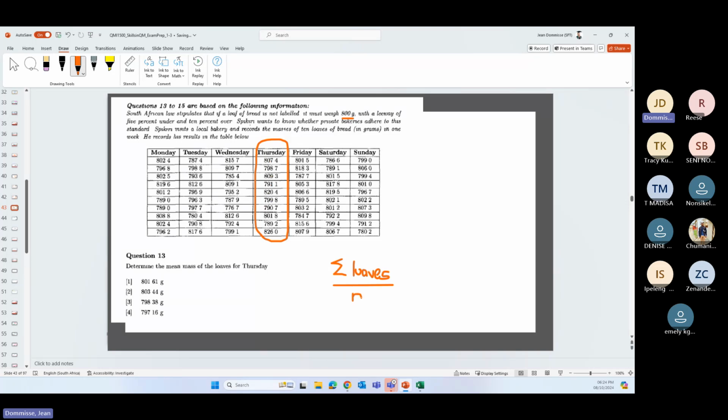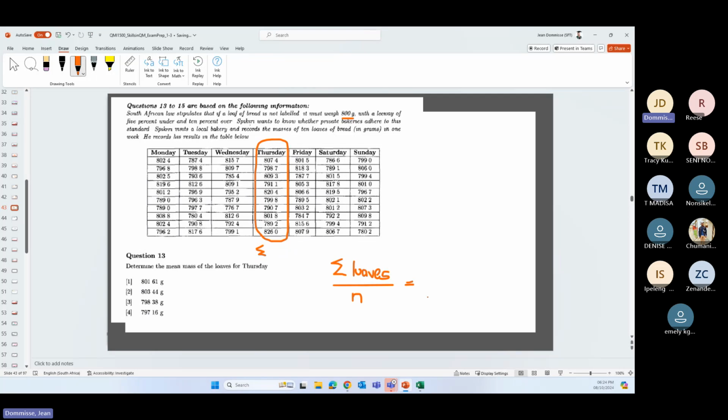So divided by n, which is 10. Now, again, two ways of doing this. You can add all of those up with a calculator, or you can use Excel to do that, but let's use a calculator for this one.